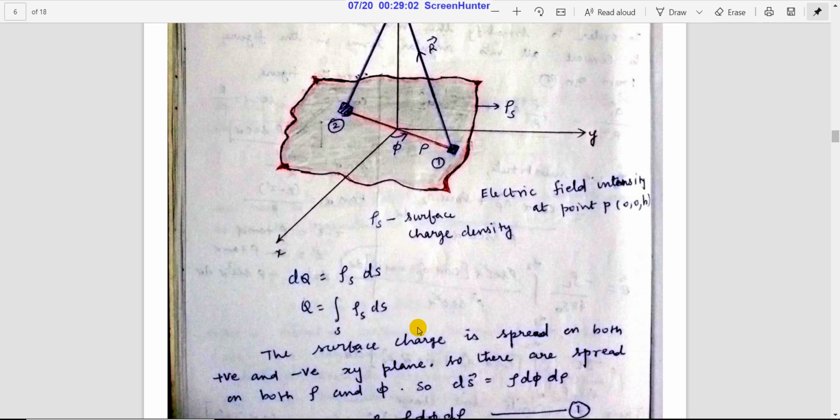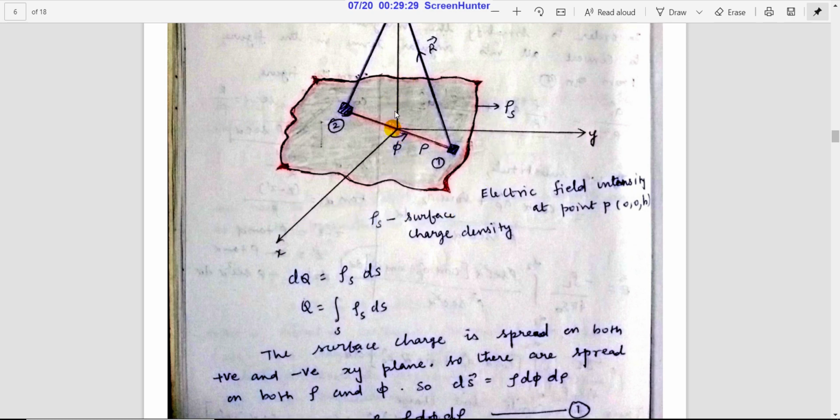Now, what are the unit vectors that constitute this ds? Since this is spread on the xy plane, the unit vector coming out of this surface is going to be along the z-axis, because this is spread on the xy plane.